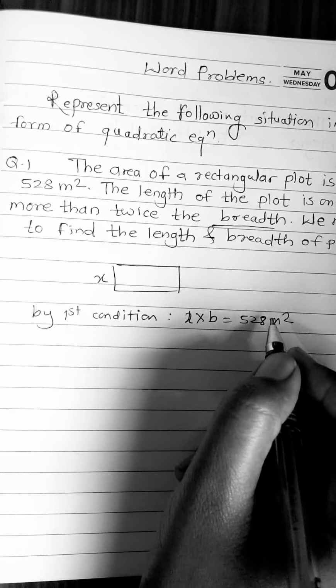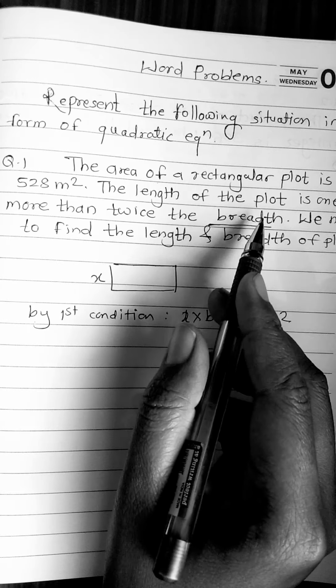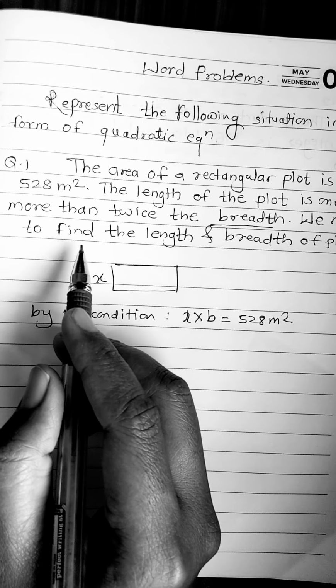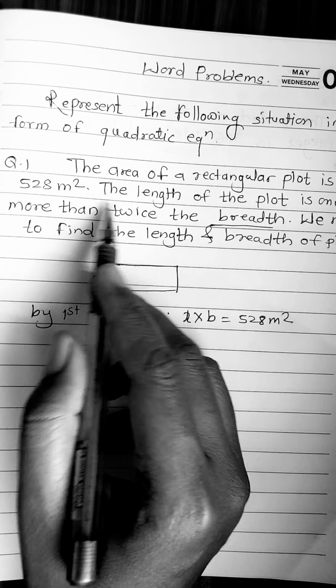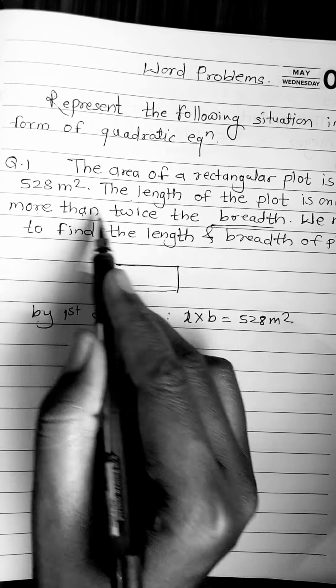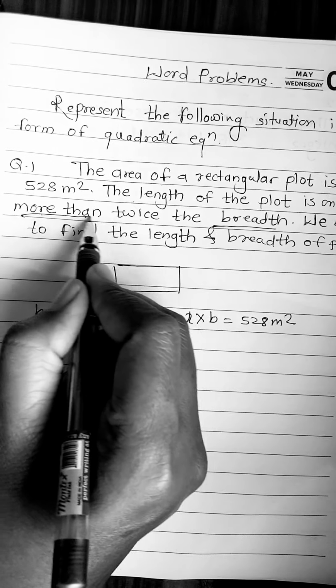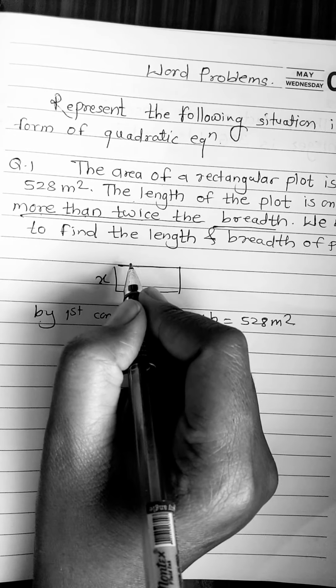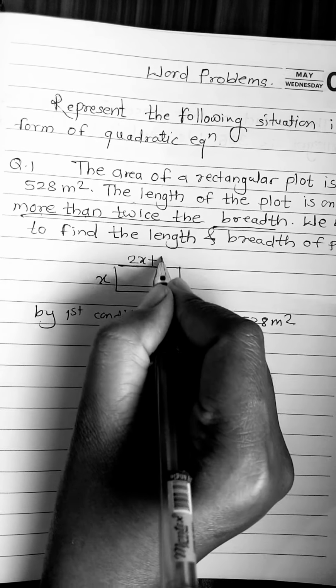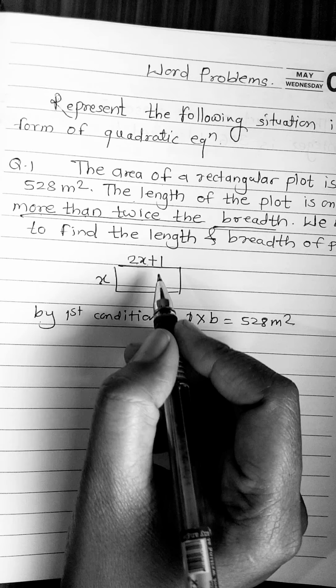But we take the breadth to be x. Then the length of the given plot, by the second condition, is 1 more than twice the breadth. Twice the breadth means 2x, plus 1 more, that is 2x plus 1.